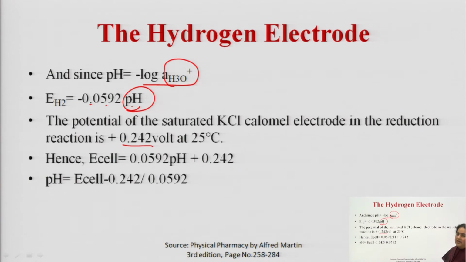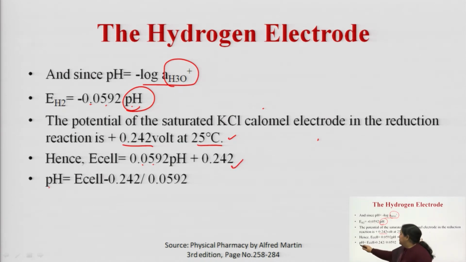So, the potential of the saturated KCl calomel electrode in the reduction reaction is this one, right. So, we know the potential of the reference electrode, it is given to be 0.242 volts at 25 degrees centigrade. So, we can put this value: E cell is equal to 0.0592 pH plus 0.242, right.